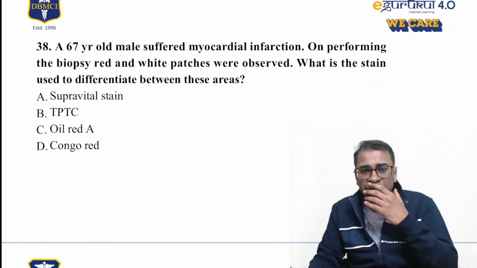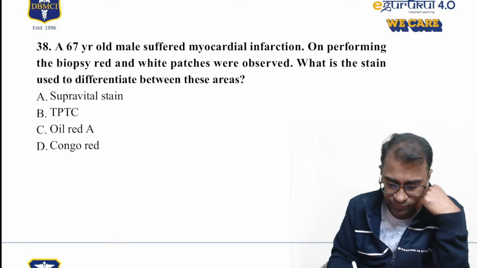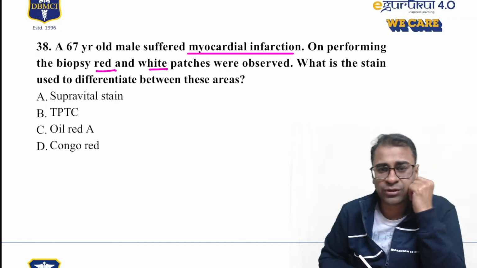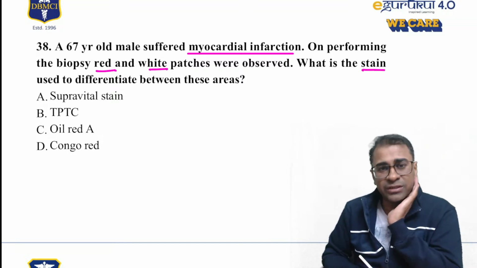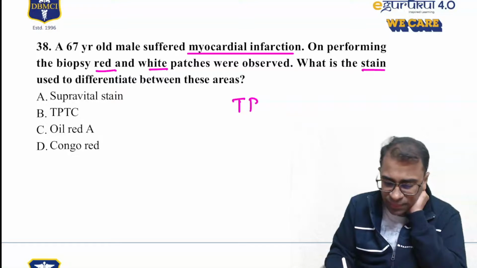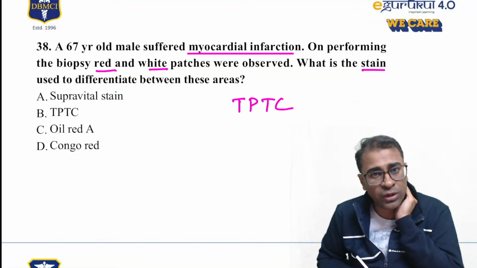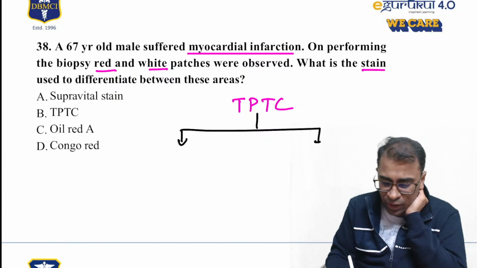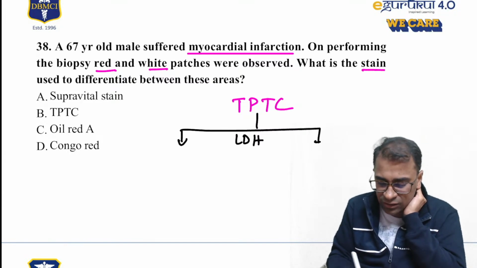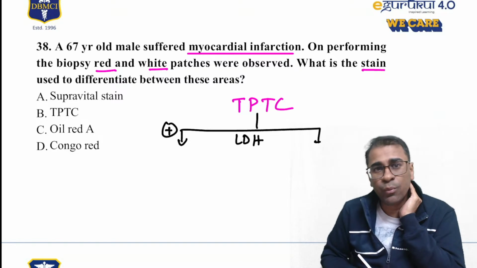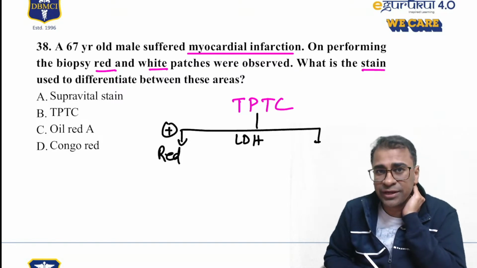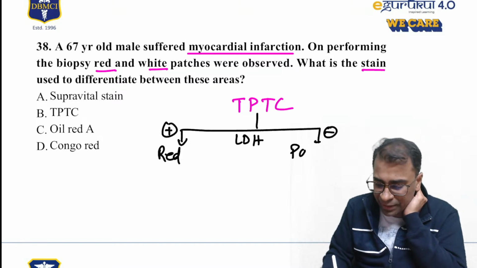A 60-year-old patient has MI, and on the biopsy, red and white patches are observed. What stain is used to confirm this? Answer is triphenyl tetrazolium chloride. This typical stain, if you have the LDH in the heart present, positive होगा, will give red color. ठीक है. If negative होगा, will give you pale color.